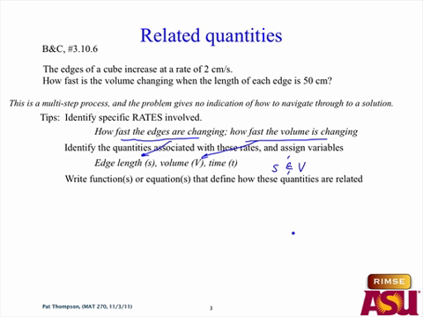Say it a little louder. So volume equals, is this what you said? Okay, and you can say, all right, V of t equals S of t cubed. Yeah, good.